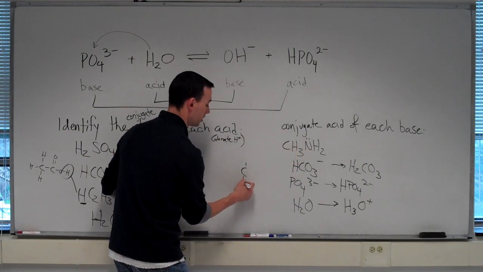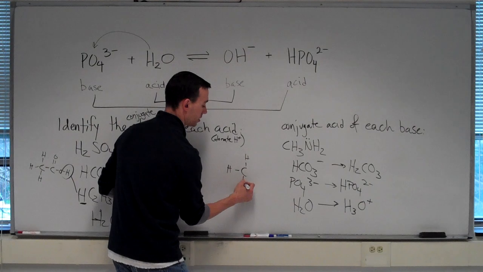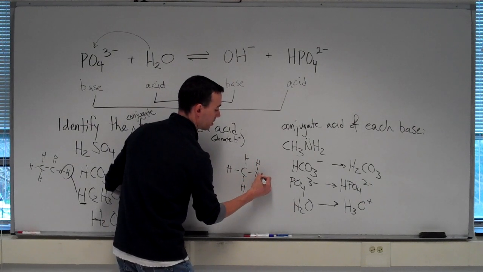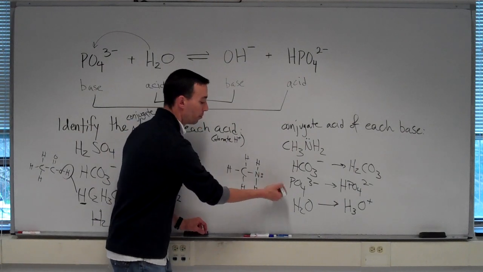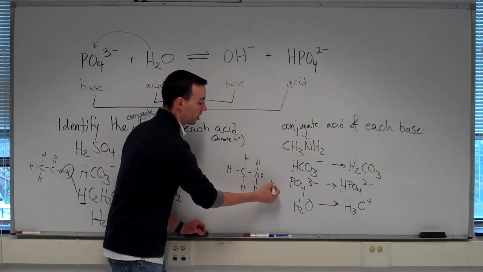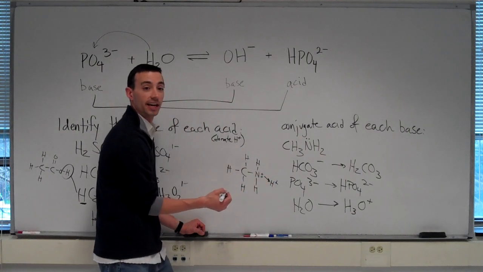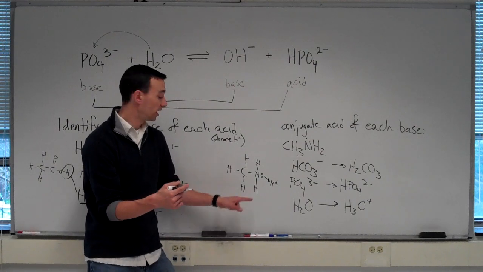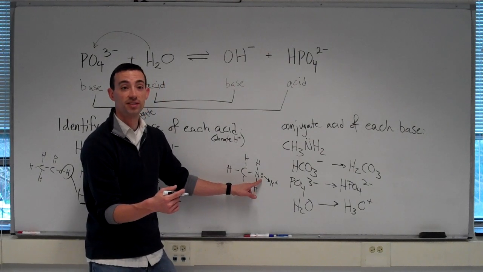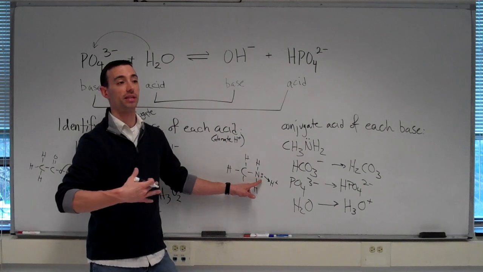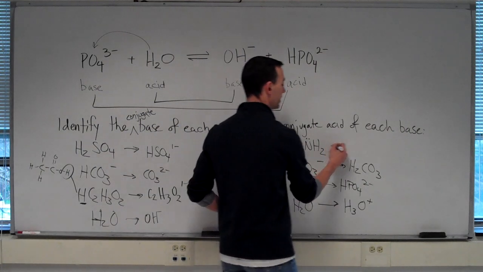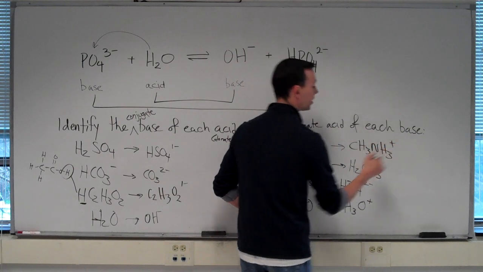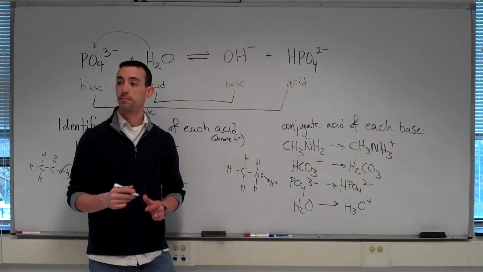This is the only open site for the hydrogen to be attracted. Okay? And so anytime you have a nitrogen in a molecule, it usually has that lone pair of electrons, and that's going to be the site of acceptance of your proton. So we would write this CH3NH3 plus, like that.